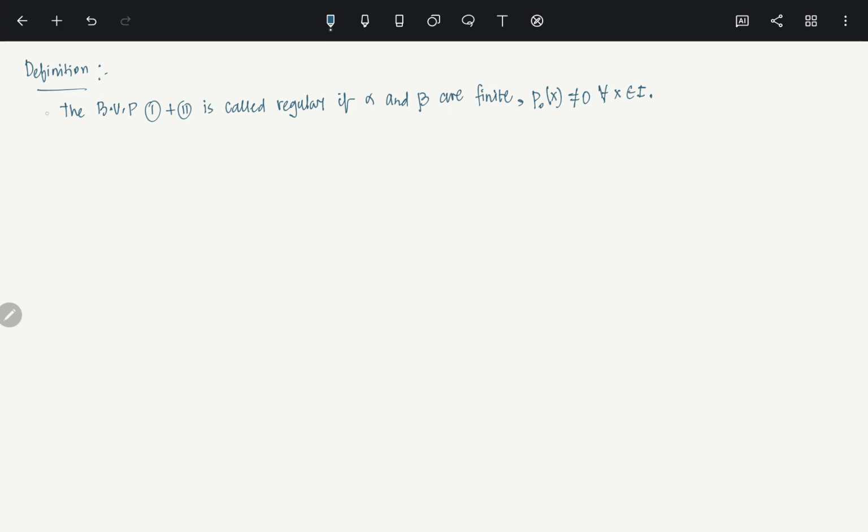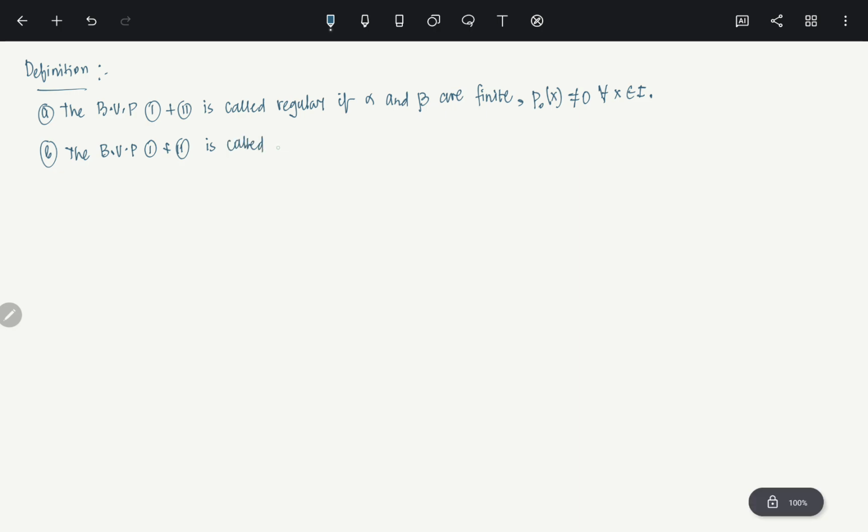So the boundary value problem 1 plus 2, the first one is called regular.